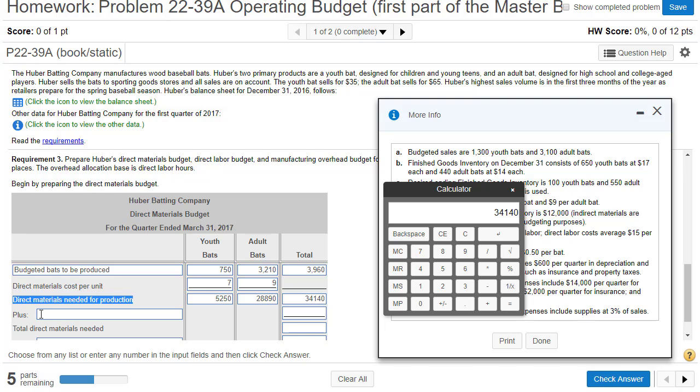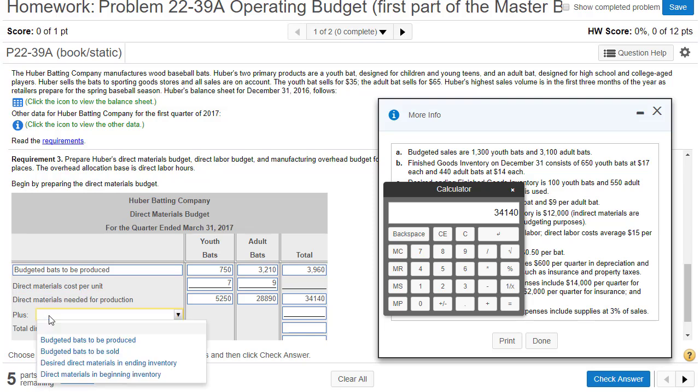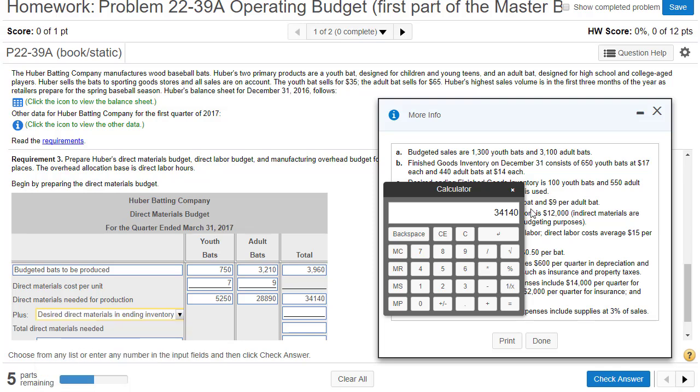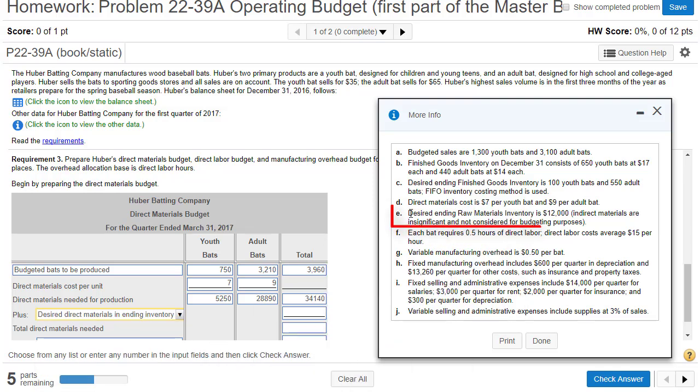And then we're going to add the amount of materials that we want in ending inventory. Letter E tells us the desired ending raw materials inventory is $12,000. Indirect materials are insignificant and are not considered for budgeting purposes. So all this raw materials is specifically direct materials.